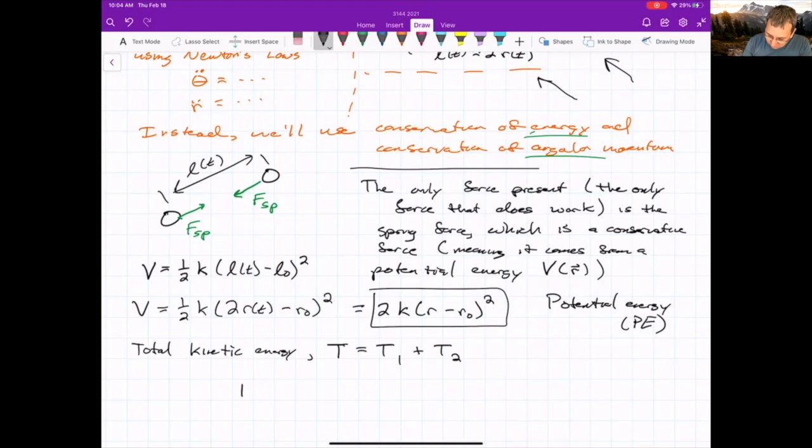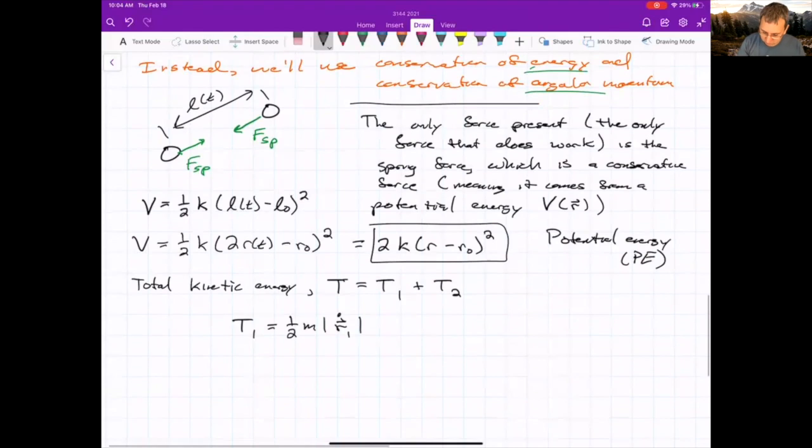So what is T1? T1 is 1/2 m, and then the inertial velocity of particle 1. And by inertial velocity, that means velocity with respect to the center of mass. And then same for T2.